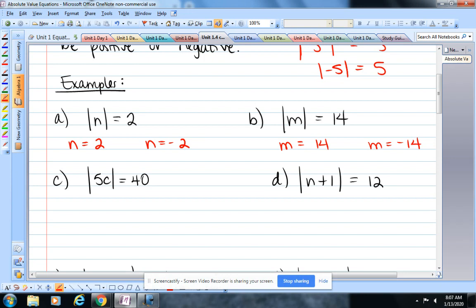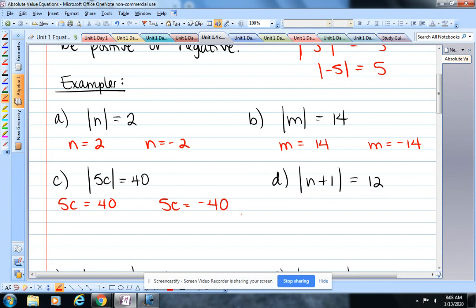We take what's in the bars and we set it equal to the positive number outside and to the negative version of that number outside. So you set it equal to the positive version of that number, but it already is without the bars. So your first equation is going to look just like it does originally without bars. Okay? And the second time you set it up, you set it equal to the negative version of that number. All right, then you just solve them both.